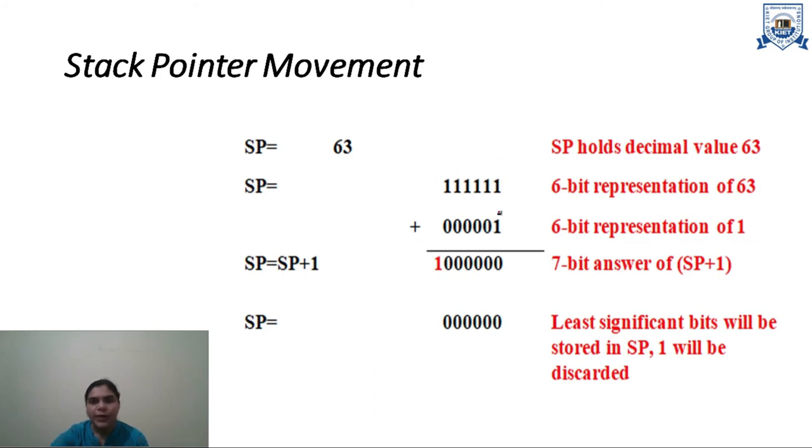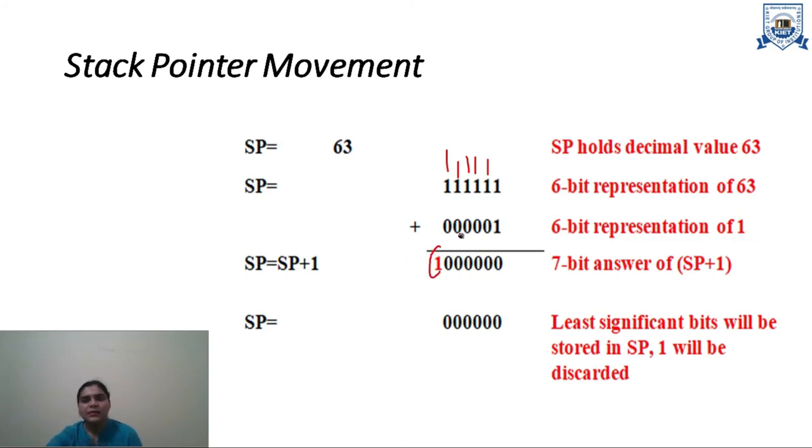So 1 plus 1, sum is 0, carry is 1. Next 1 plus 1, sum is 0, carry is 1. Next 1 plus 1, sum is 0, carry is 1. Next sum is 0, carry is 1. Sum is 0, carry is 1. Sum is 0, carry is 1.